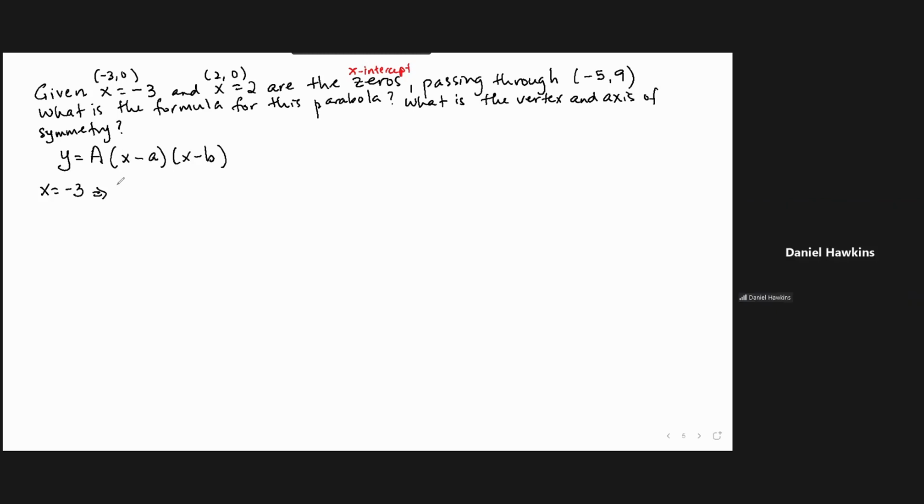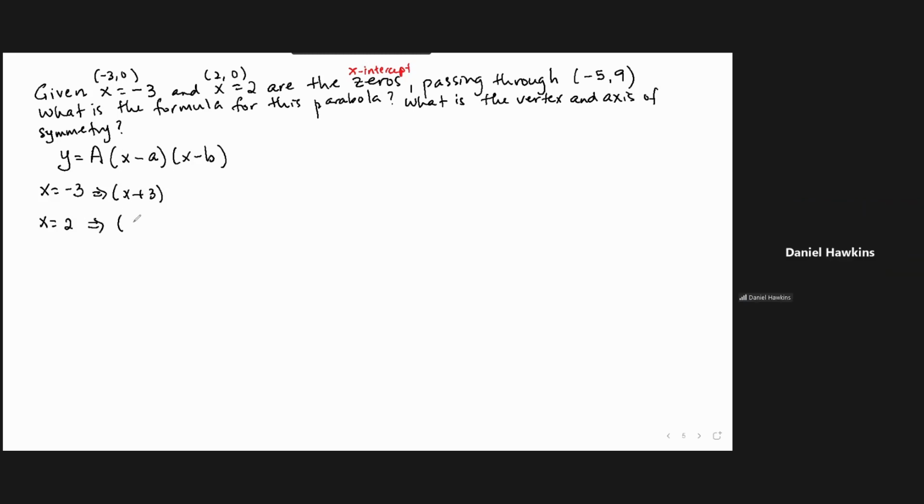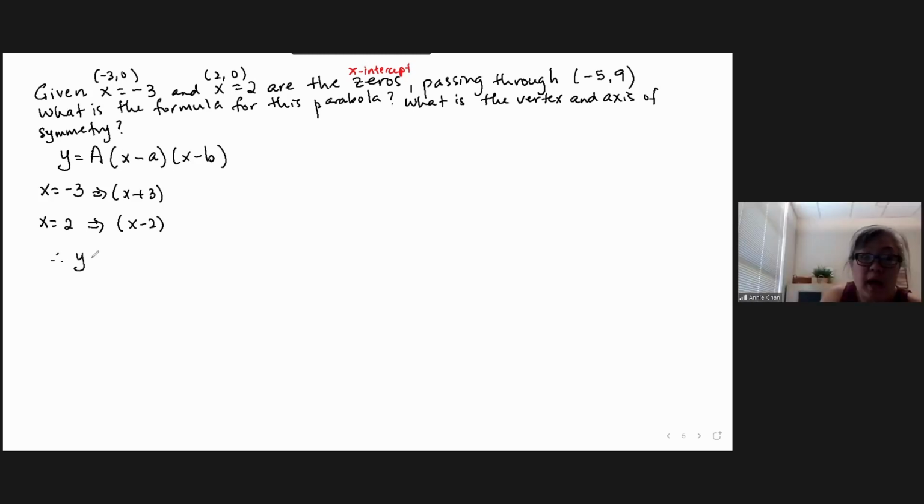So x plus 3. Then if x equals 2, that will give me x minus 2. So therefore, y equals a(x + 3)(x - 2).